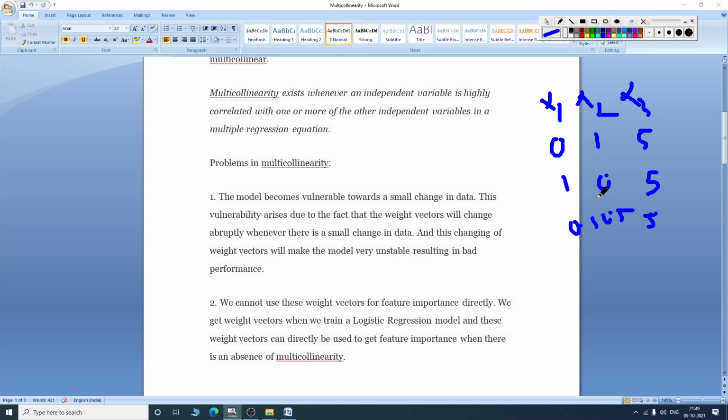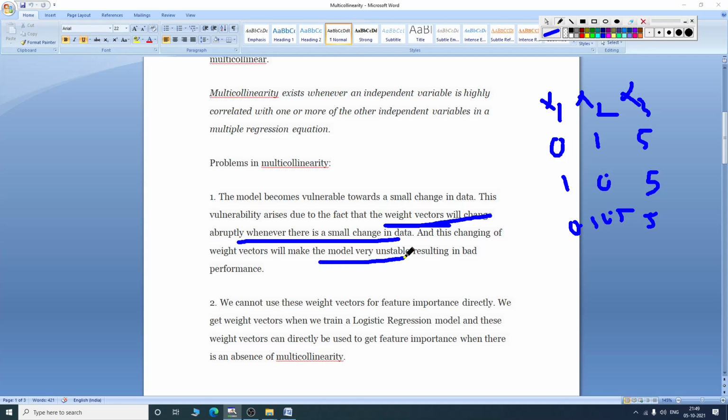So the weight vectors that I will be getting for alpha 1, alpha 2, alpha 3 won't be proper. As a result, whenever there is a small change in the data, the weight vectors will change abruptly.